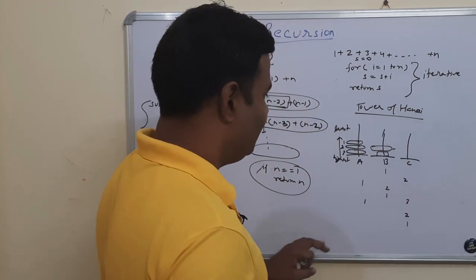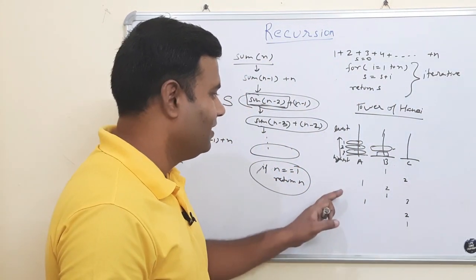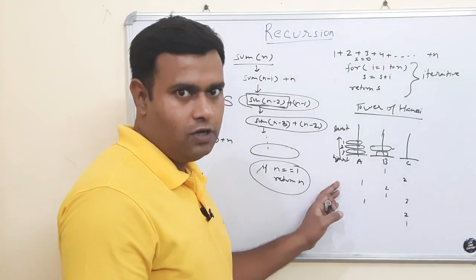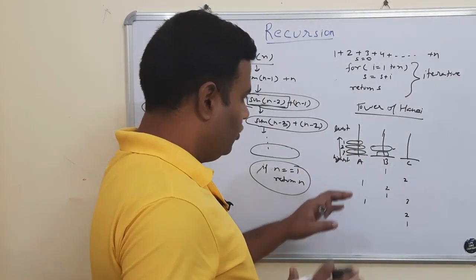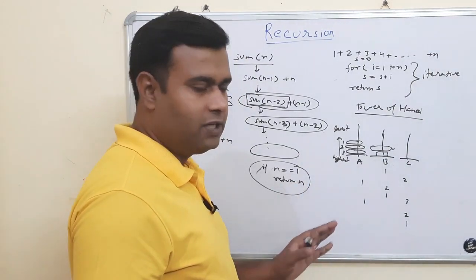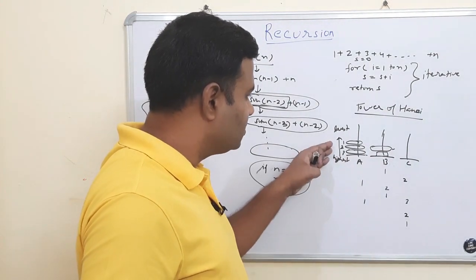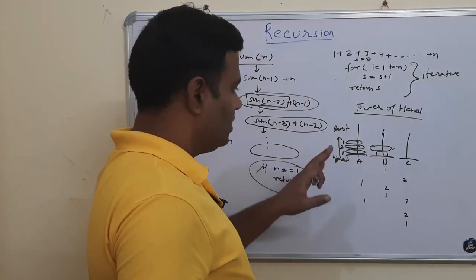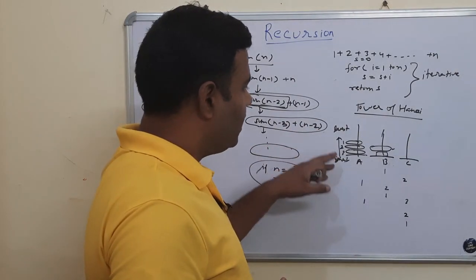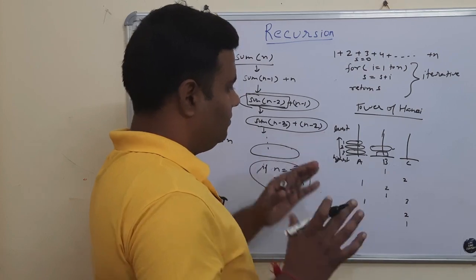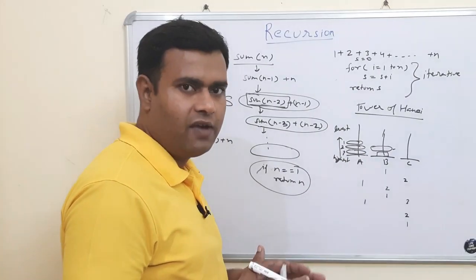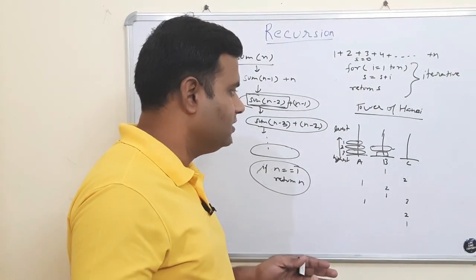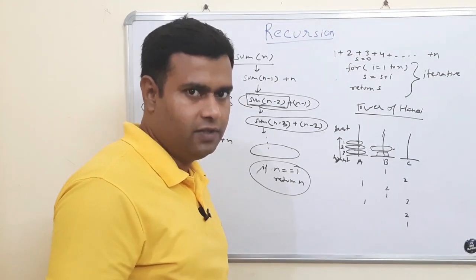So I hope this is a little confusing, I know, but if you try on your copy and pen, the problem statement is basically you have to transfer all these 3 disks to C. The constraint is you can't put the disk which has the higher diameter or higher radius on top of the smaller one.